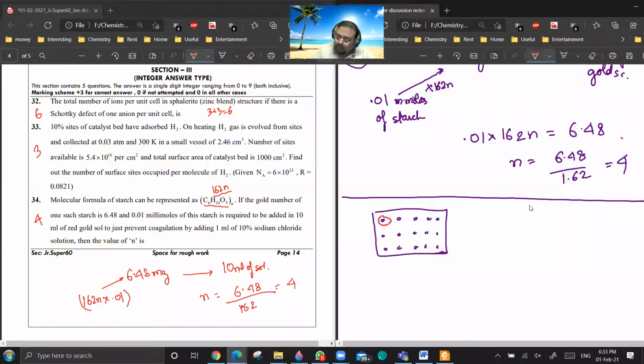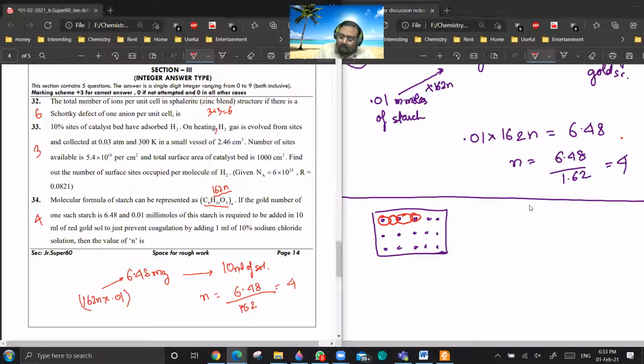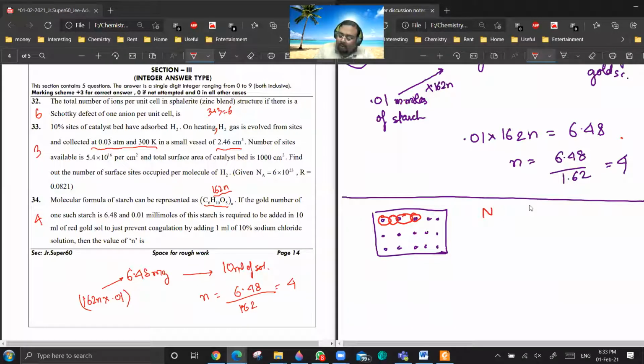Okay, so suppose H2 is occupying these sites, something like that. Now on heating, H2 gas is evolved from the sites and it is collected at this pressure, volume and temperature. Okay. So you see, you can calculate the number of H2 molecules. Yes or no?